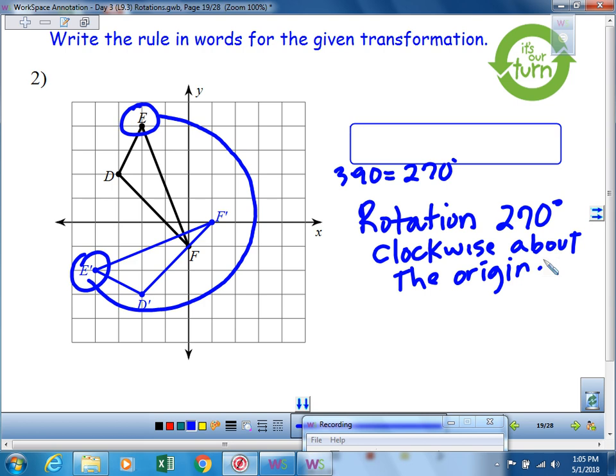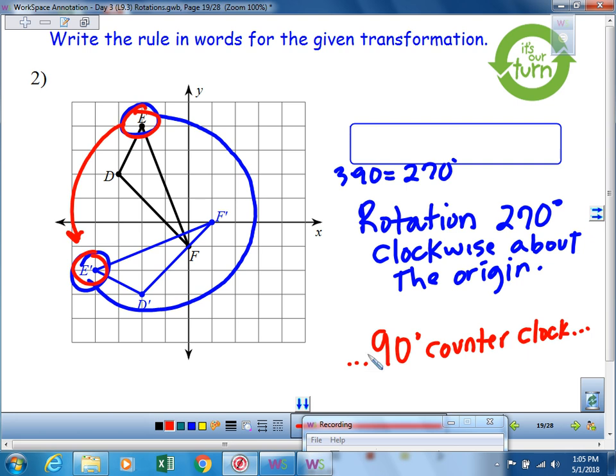We're not doing algebraic or rotation. Now, could you have started here and gone this way and went through 1? So you would either say 270 clockwise or you would say 90 counterclockwise. And then you have to say rotation 90 degrees counterclockwise about the origin. Okay? So either one is fine.